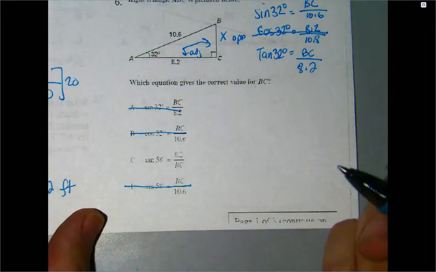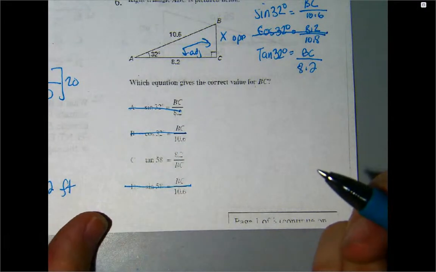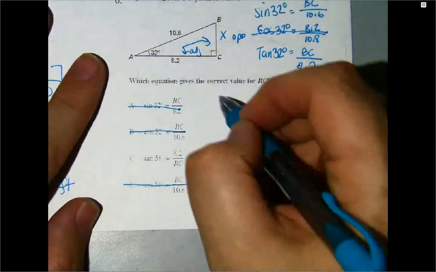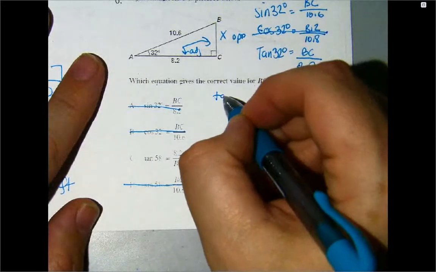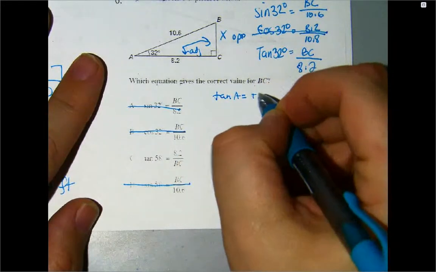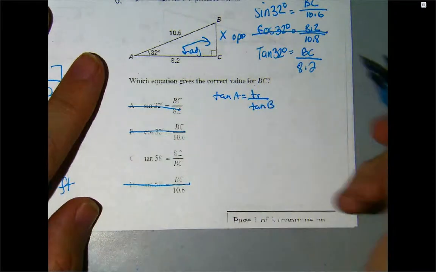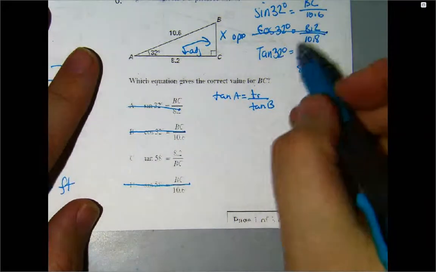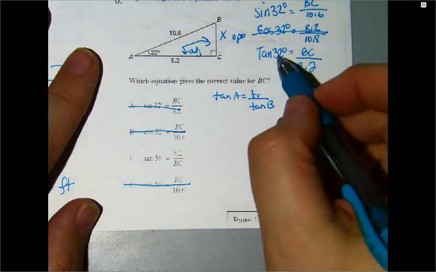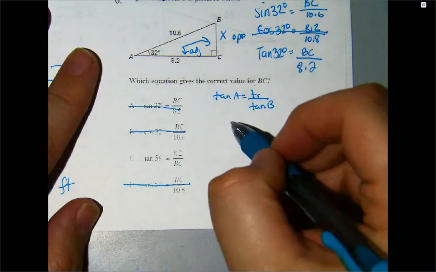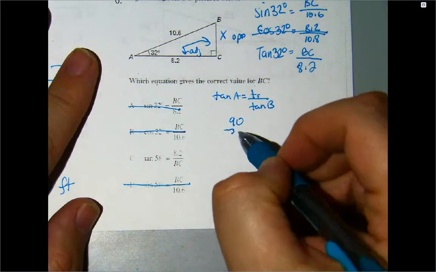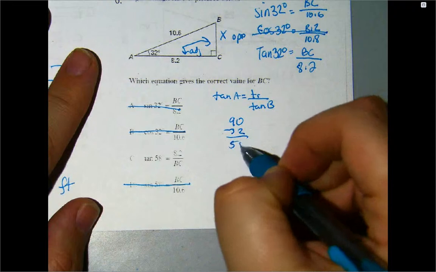But here's the thing. Remember that the tangent of A is equal to 1 over the tangent of B. So if you take 90 minus 32, you get 58 degrees. And so basically you're looking at this one right here, 58 degrees.